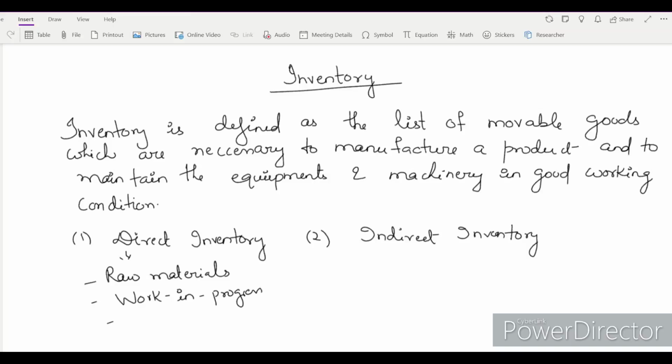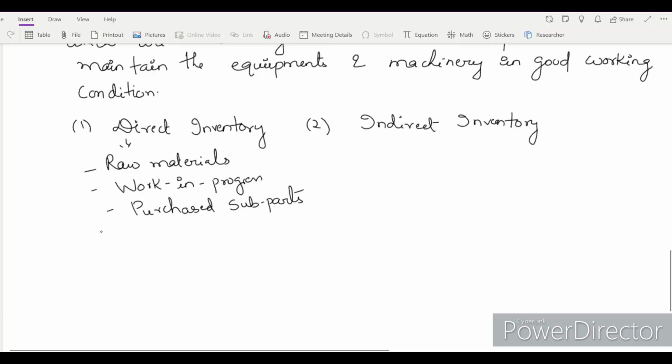Every product is made up of many sub parts, and some parts they manufacture and some parts are procured. So some purchased sub parts are also direct inventory, as these are used directly. Raw materials, work in progress, purchased sub parts, and finally your finished goods, finished products.